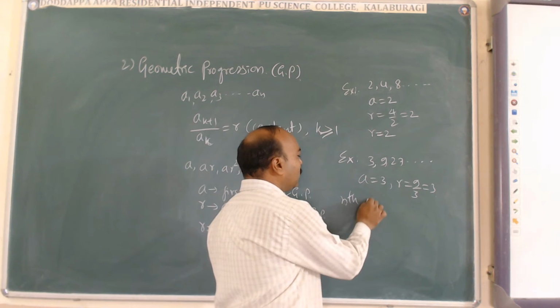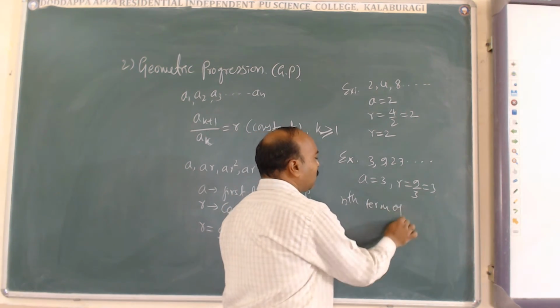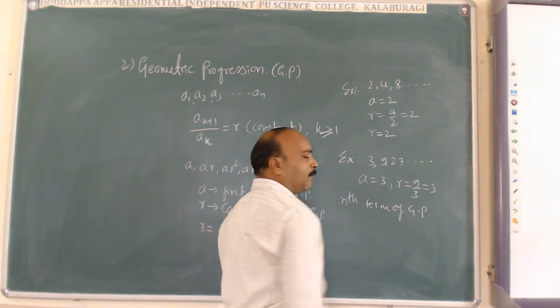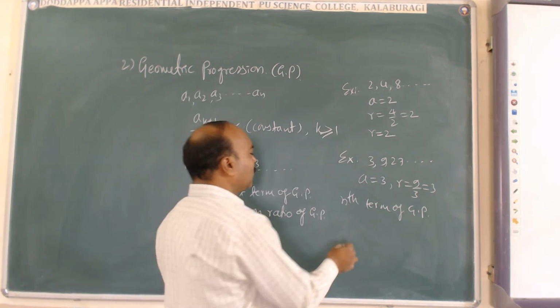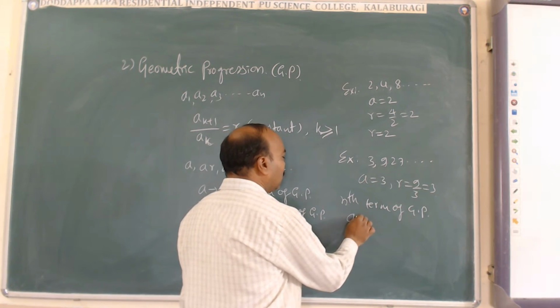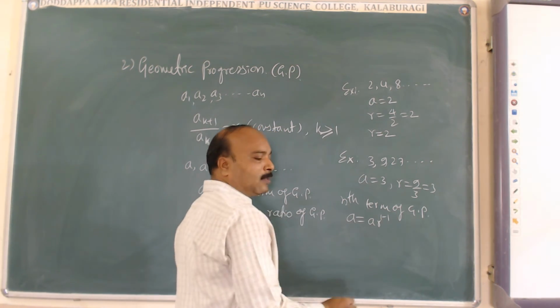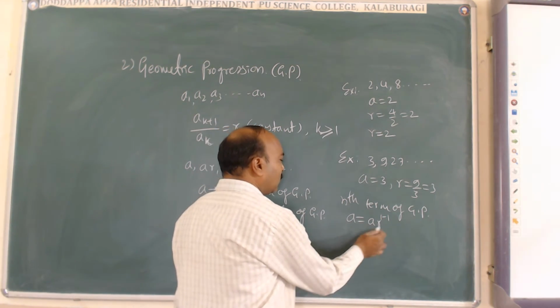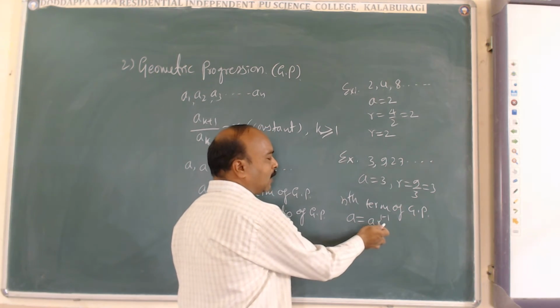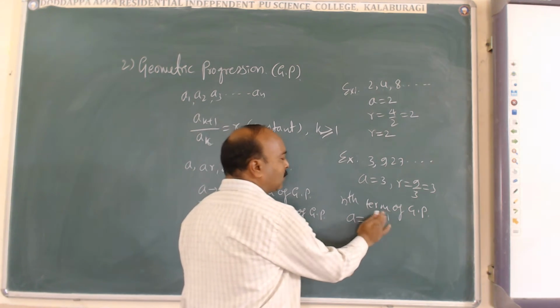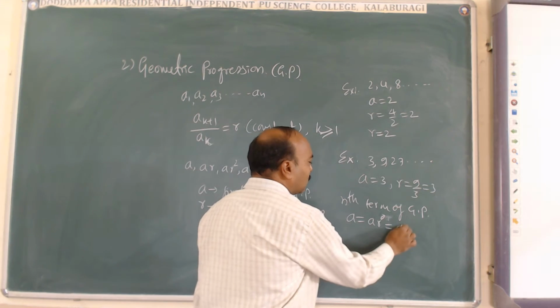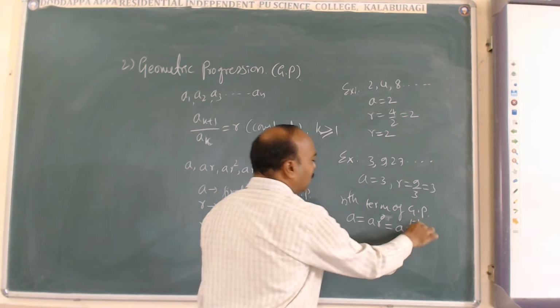And the nth term of a GP, geometric progression. The first term is given by a r raised to 1 minus 1, because r power 0 is 1. I write it as a r raised to 0, a r raised to 1 minus 1.